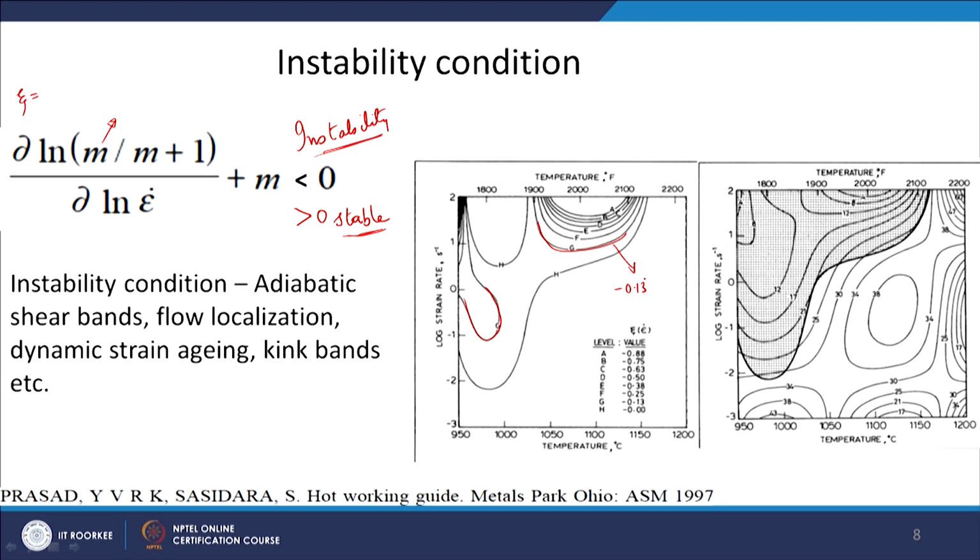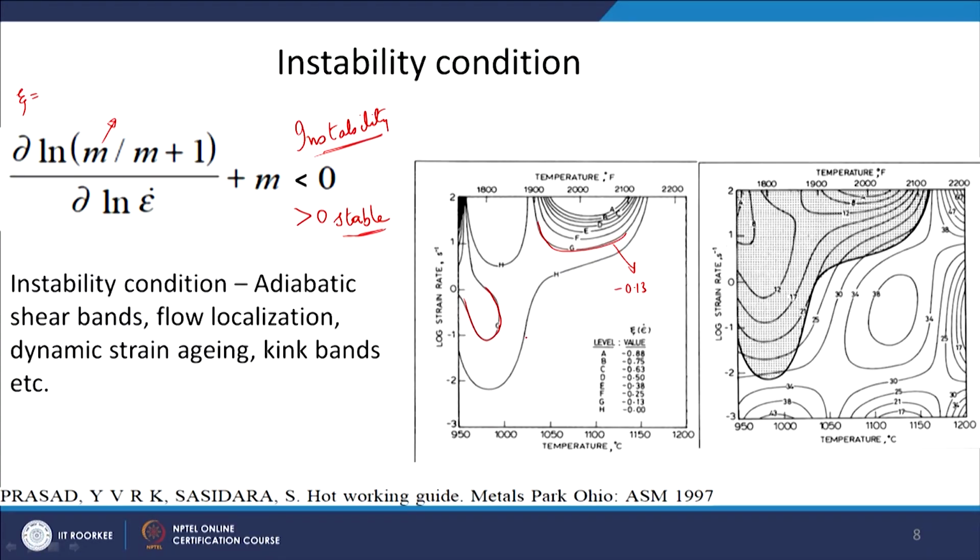Here we are not concerned too much about the value of zeta. As long as it is less than 0, that is enough for me to identify that this is an unstable region. I do not want to find out whether it is more unstable or less unstable. So, I will not be plotting these contours for instability when I put it on a processing map.